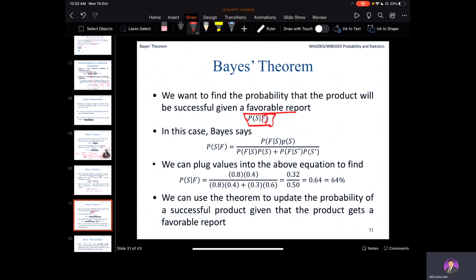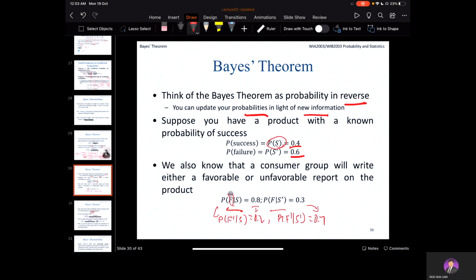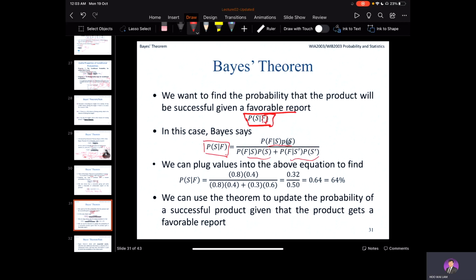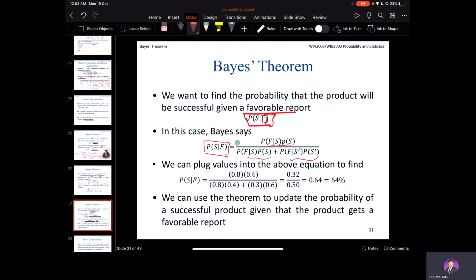So for you to calculate this, you need all this information, 1, 2, 3, 4, 5, 6. Do you have the probability of F given S? Yes, given from the question. Do you have the probability of S? Yes, over here. Similar, so you basically just need to copy it down: 0.8, 0.4.